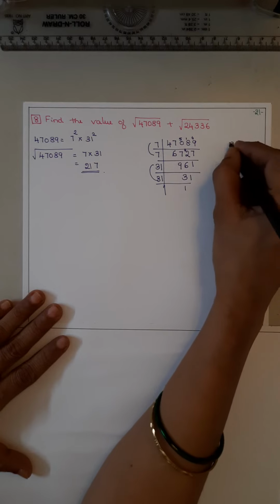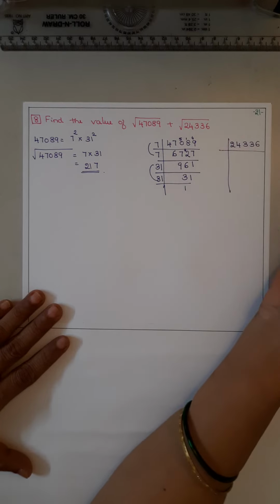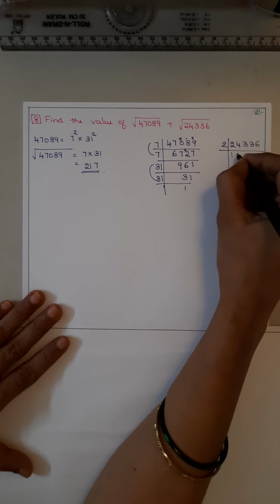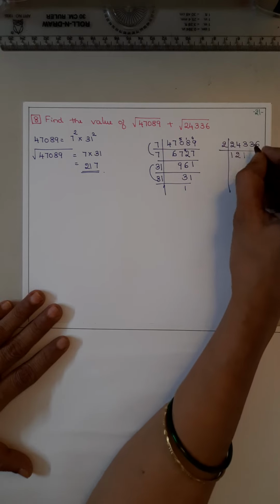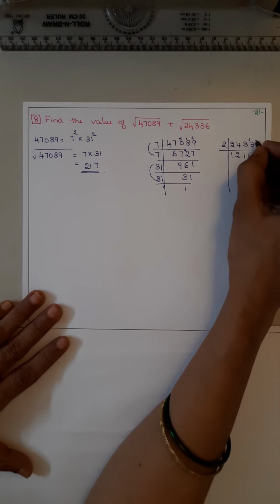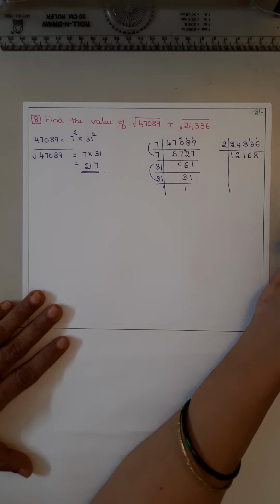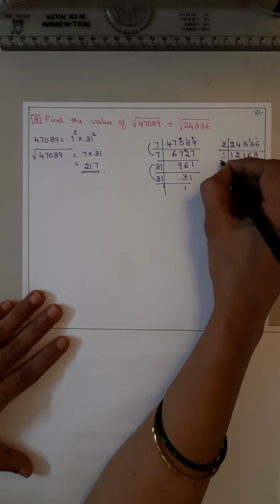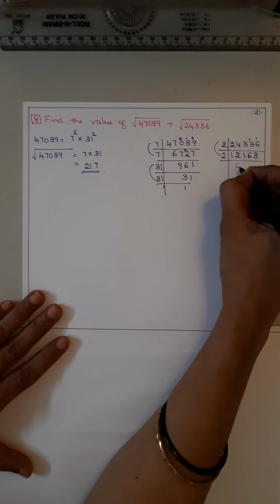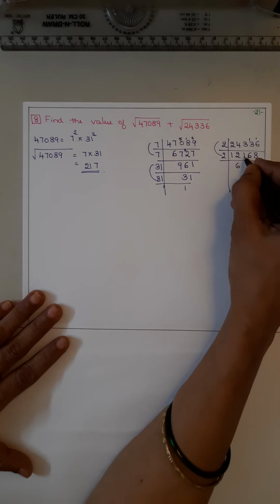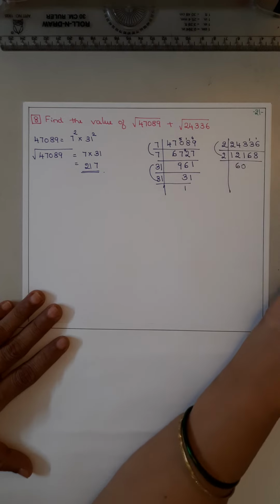Now find out 24336. It is an even number, so 2. 2 1s are 2, 2 2s are 4, 2 1s are 2, 1 remains. 2 6s are 12, 1 remains. 2 8s are 16. Even, put 2. 2 6s are 12, 1. Not possible, 0.